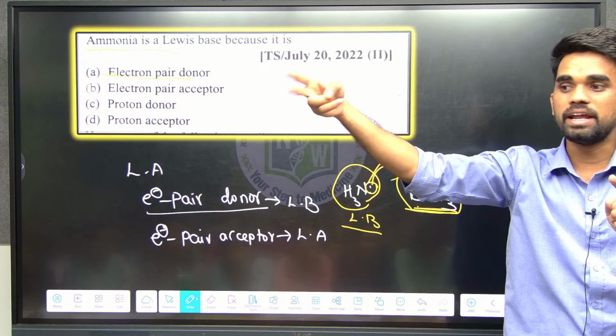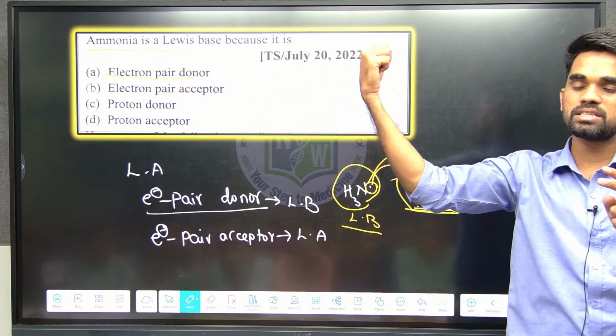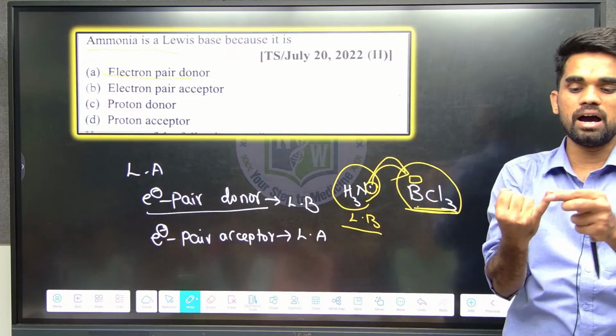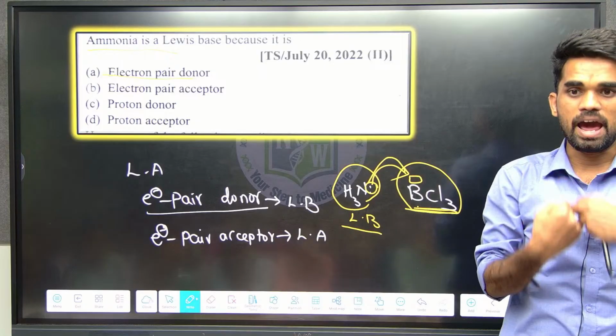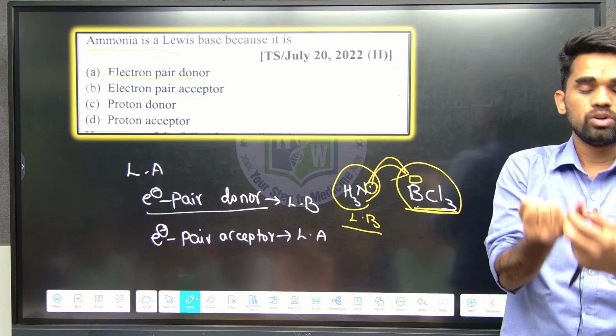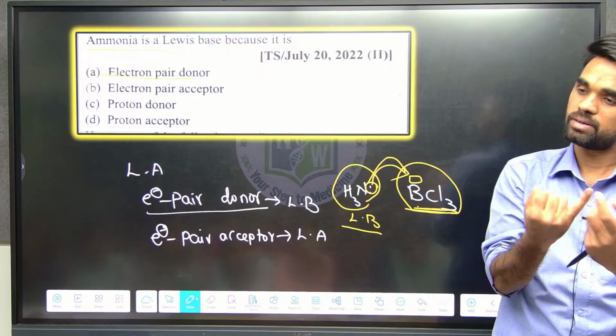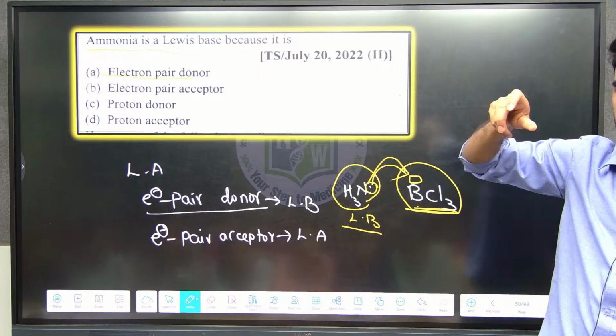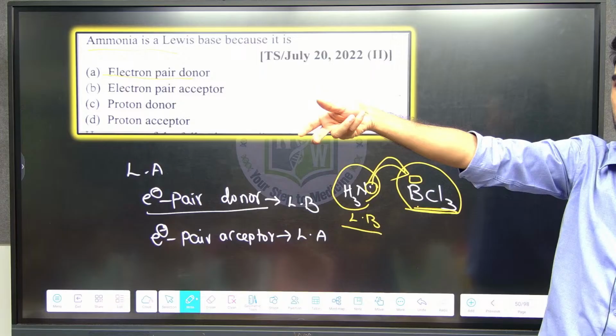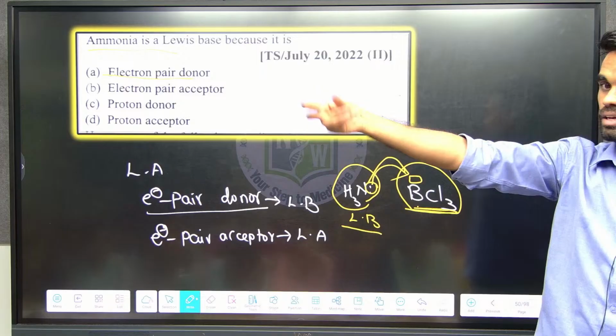Next, Lewis: acid means electron pair acceptor. Lewis base means donor. So he spoke with respect to electron pairs. If it donates an electron pair, it is a base. If it accepts an electron pair, it is an acid.